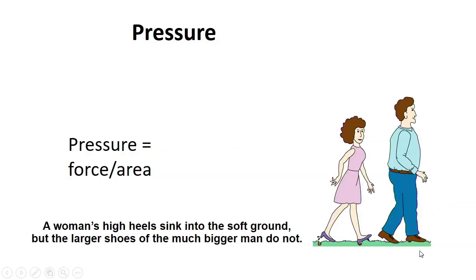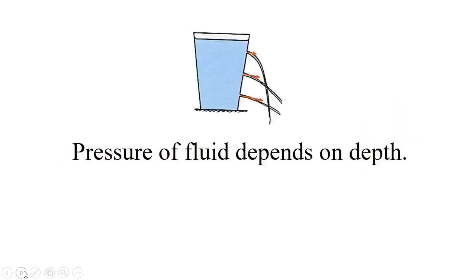While the man walking in boots, you see he's just walking comfortably because the area covered by his boot gives a lower pressure. So that is one example. The higher the pressure, the lower the area, and vice versa.